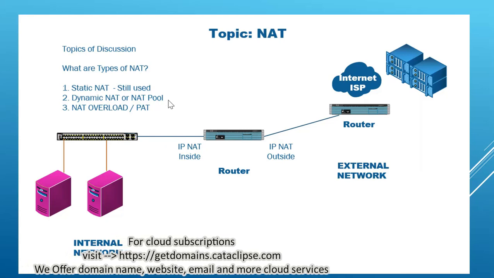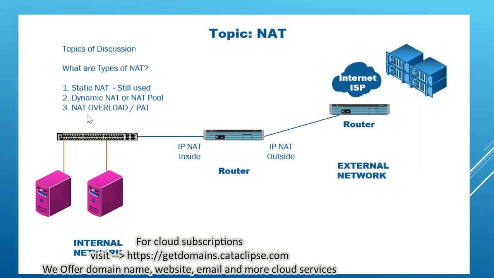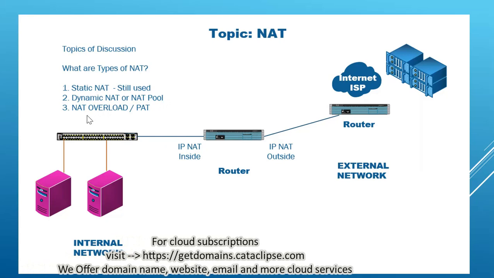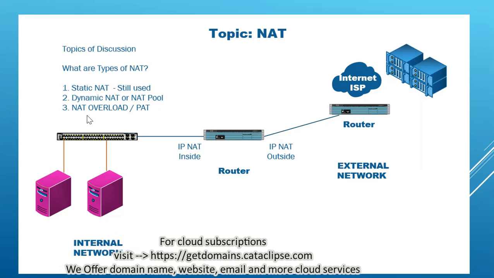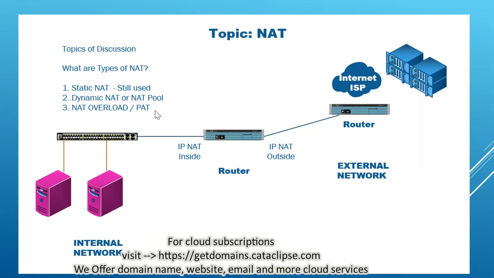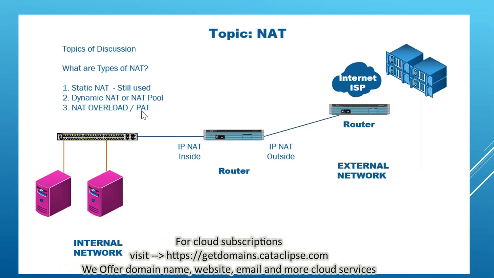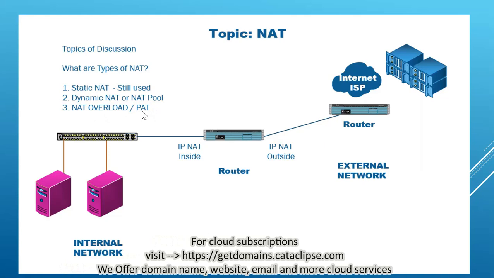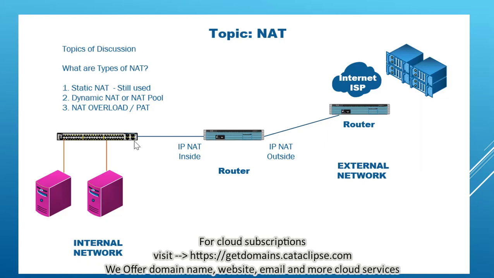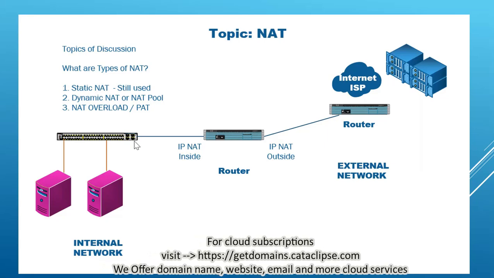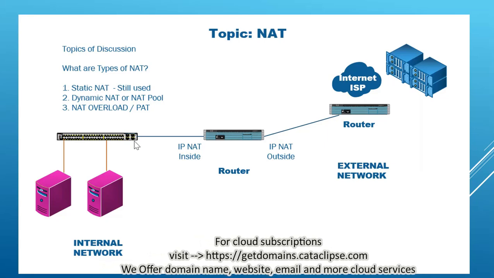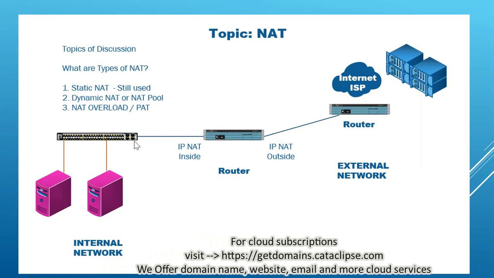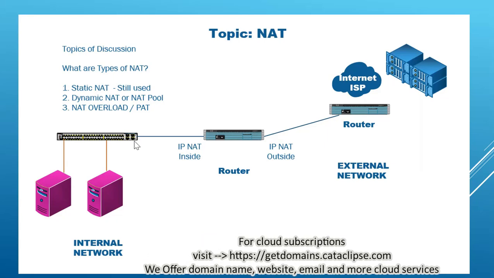Okay. The third and the most famous NAT is the NAT overload, or the PAT, which is the port address translation. It means many IP addresses to a single outside IP address. That means if you have an environment of 1,000 users and they're all accessing the internet, you will notice all their IP addresses from outside will look as if it's a single IP.